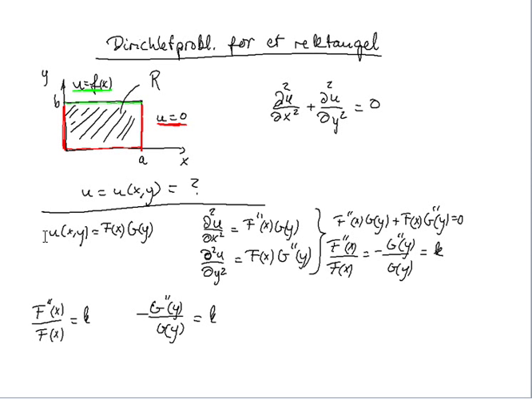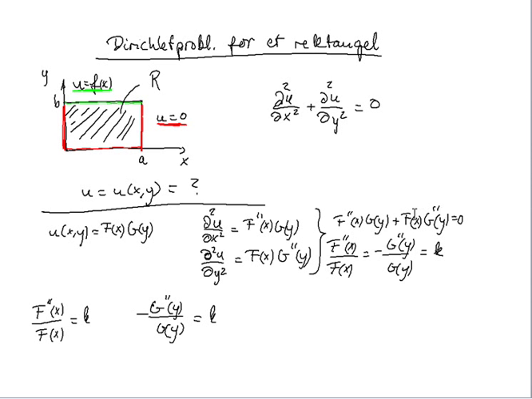Using this we can differentiate 2 times with respect to x and we get this expression. We can also differentiate with respect to y 2 times and we get this expression, and we insert these expressions into the Laplace equation and obtain this equation.